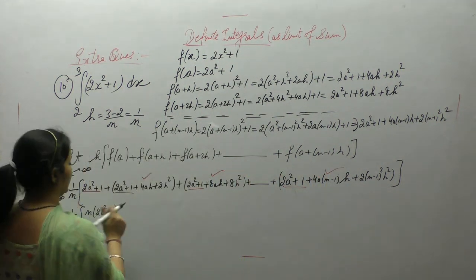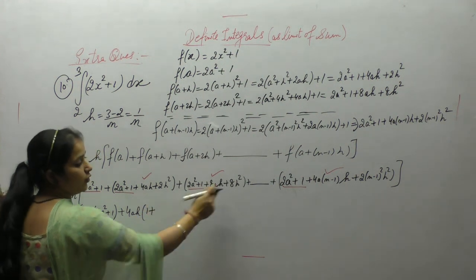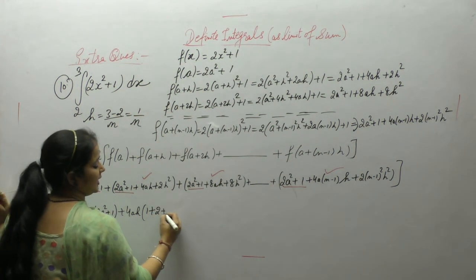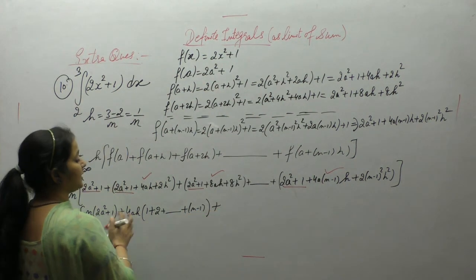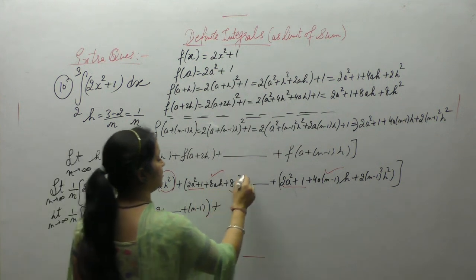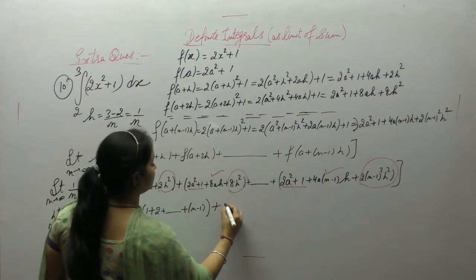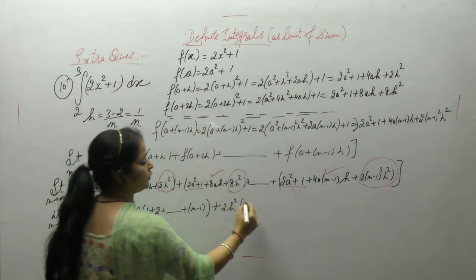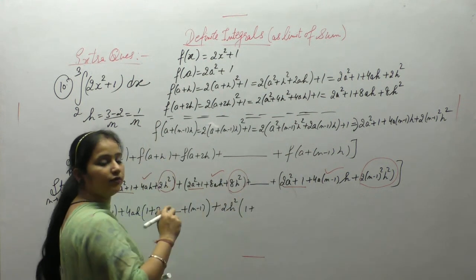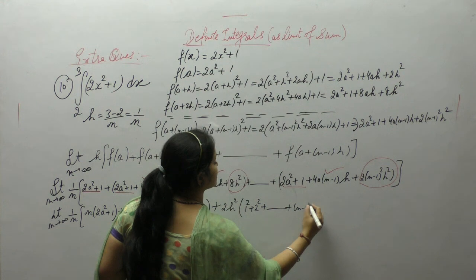By taking 4ah common, we are left with 1, 2, 3, and so on up to n minus 1. Now for the terms of h square, take 2h square common. Here we are left with 1, 4, 9. 4 is 2 square, and so on up to n minus 1 square.